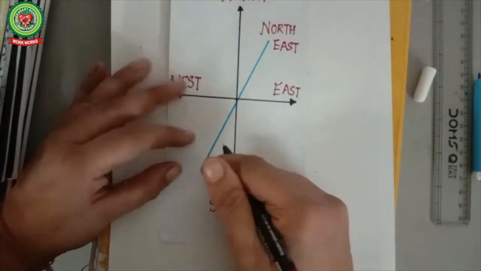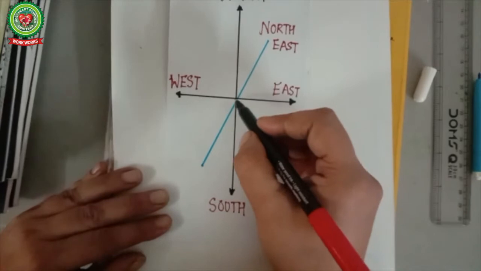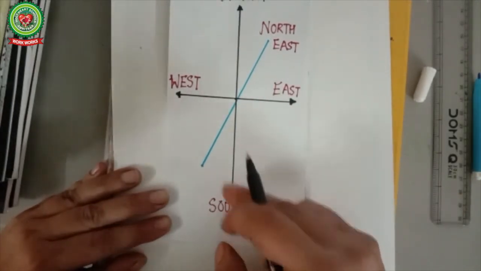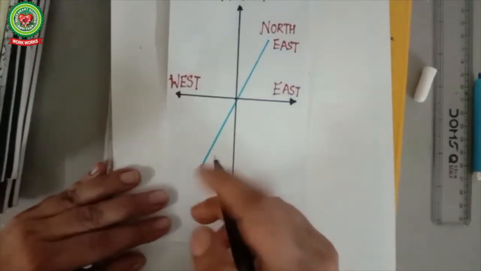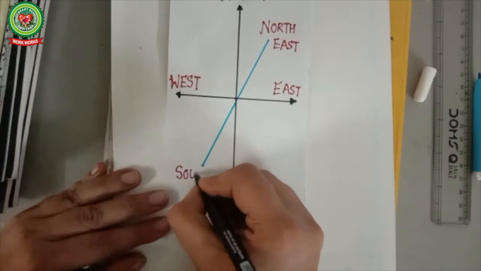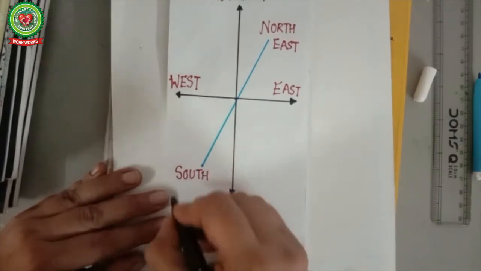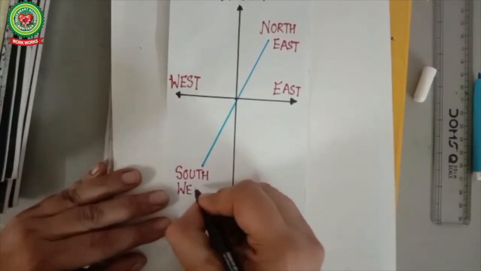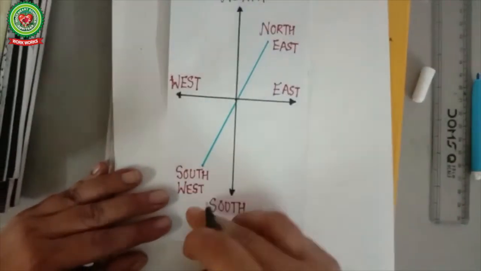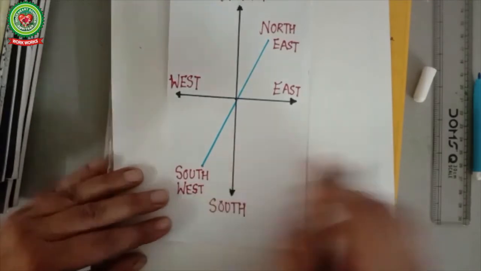Opposite to it, below, you can see that I have drawn a line between the two directions, south and west. So this direction is southwest. Thus in between south and west we have southwest.